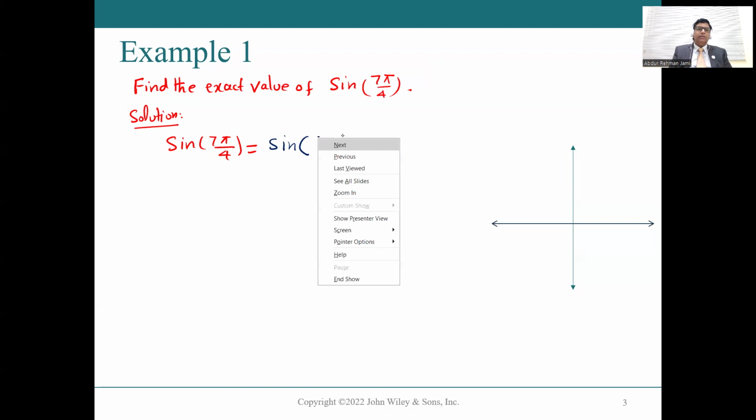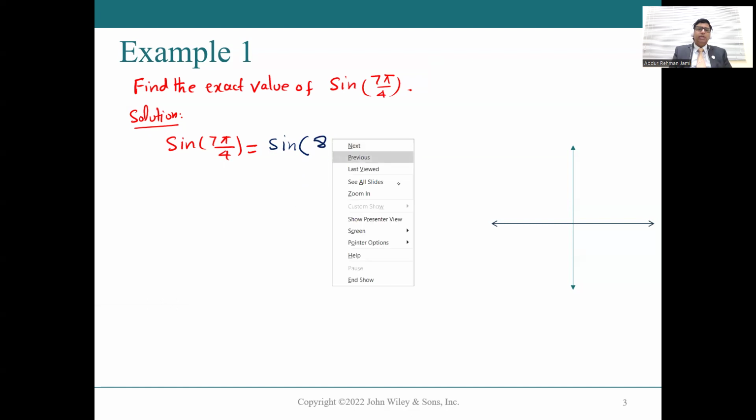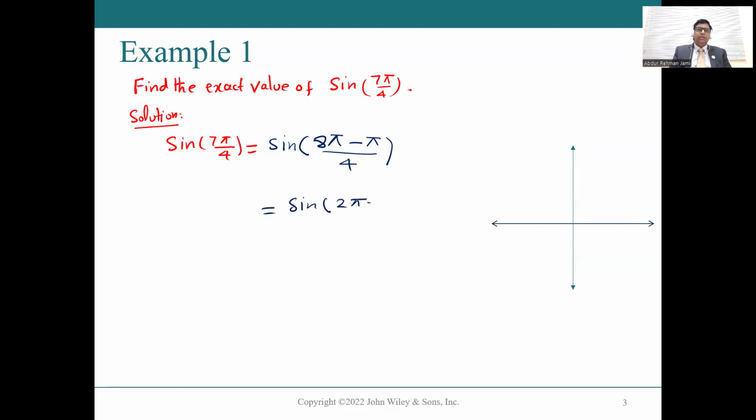We can write 8 pi minus pi divided by 4. So 8 minus 1 is 7, same thing. Now divide by 4, so you get 2 pi minus pi over 4.